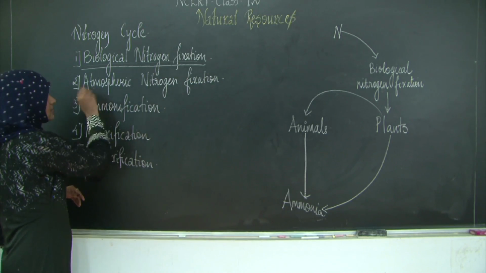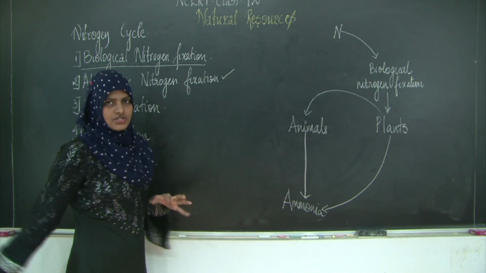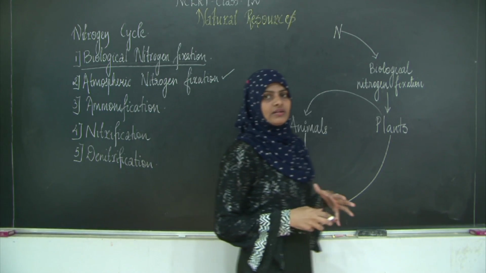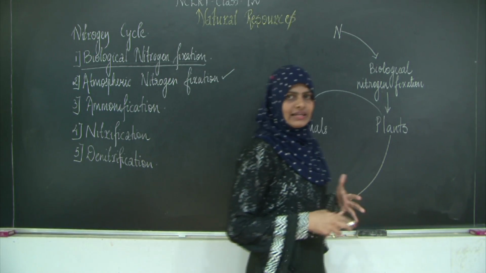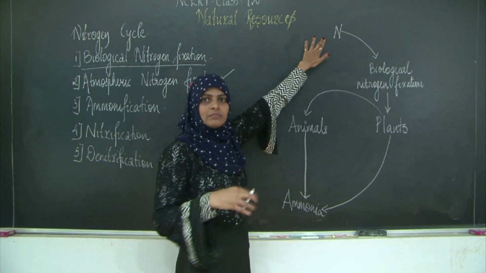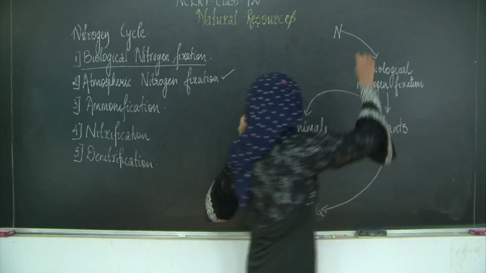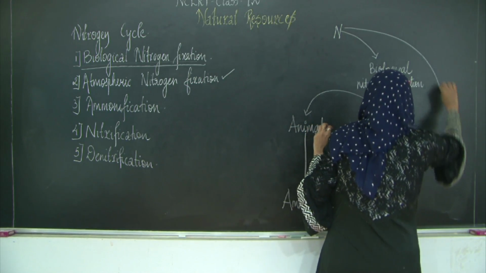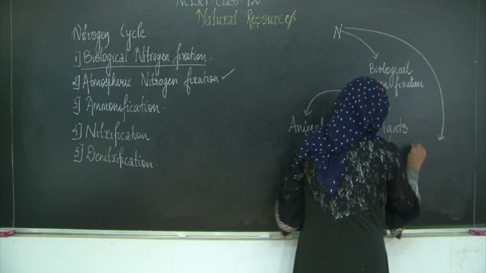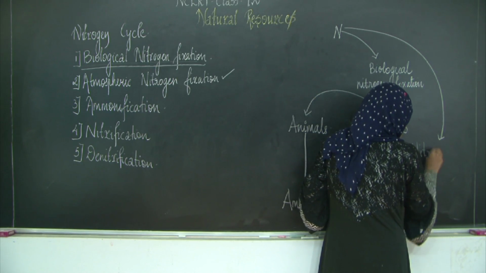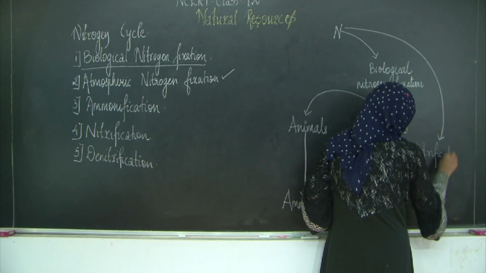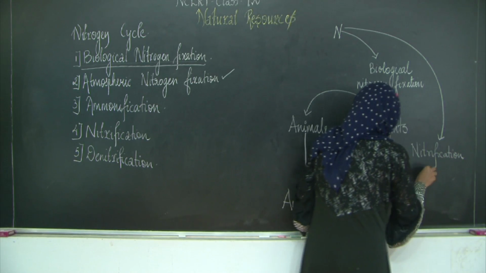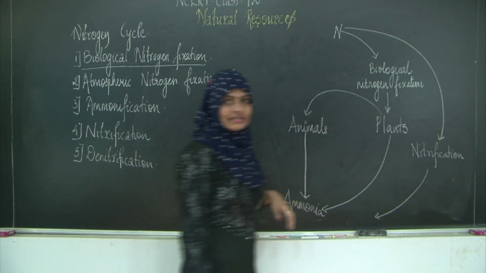Let us go to the other one, atmospheric nitrogen fixation. This happens during lightning and thunder. During lightning and thunder, this nitrogen gets mixed with oxygen and gets converted into nitrites. So, this is also called nitrification, and this nitrification over here takes place because of lightning and thunder.